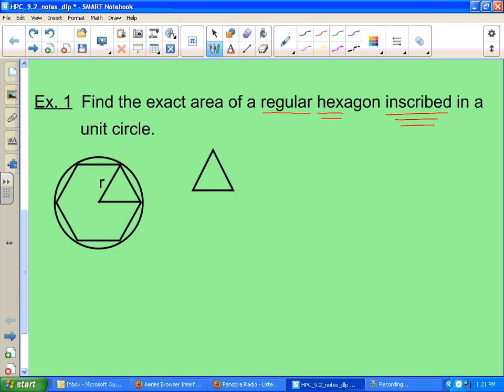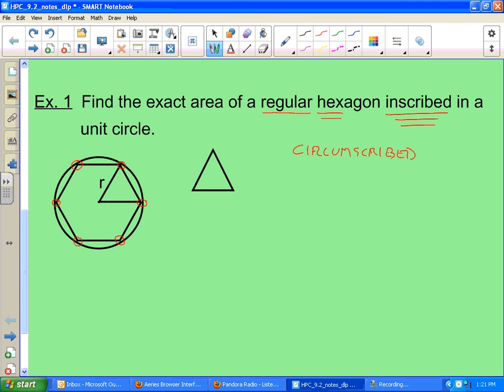Inscribed and circumscribed. Now, there's a difference, obviously. So, inscribed, here's what I do to remember. In an inscribed polygon situation, the vertices, the corners of the polygon, another vocabulary term, the vertices are lying on the circle. That's for an inscribed regular polygon.